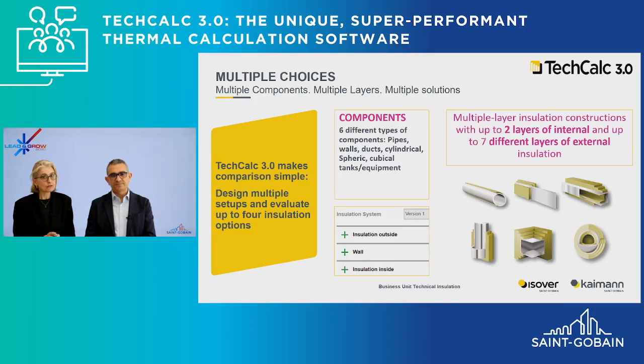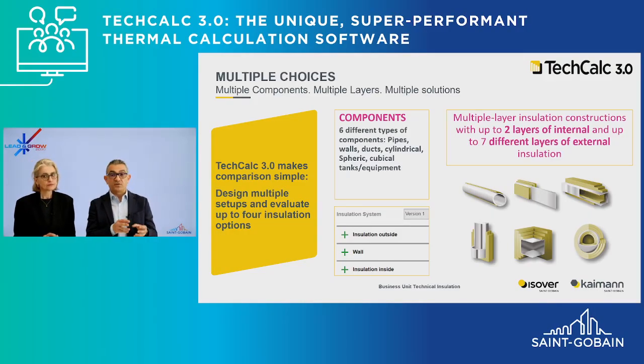One interesting point also of TechCal is the flexibility of the tool. Yes, one of the more important things inside TechCal is multiple components, multiple layers, multiple solutions, and multiple insulation products. It's possible to introduce different types of components: pipes, walls, ducts, cylindrical, spherical, or cubical, with multi-layer insulation construction.